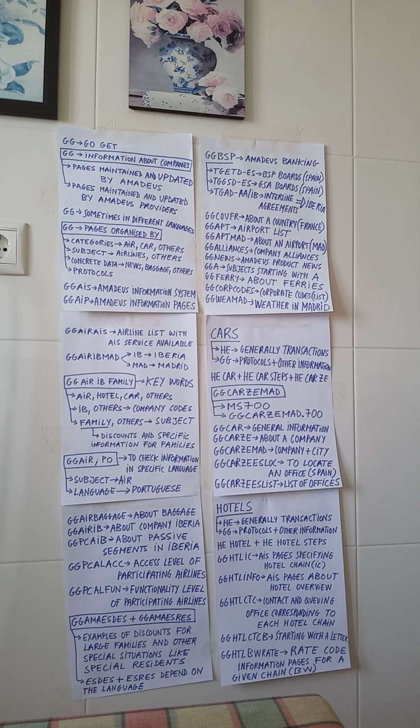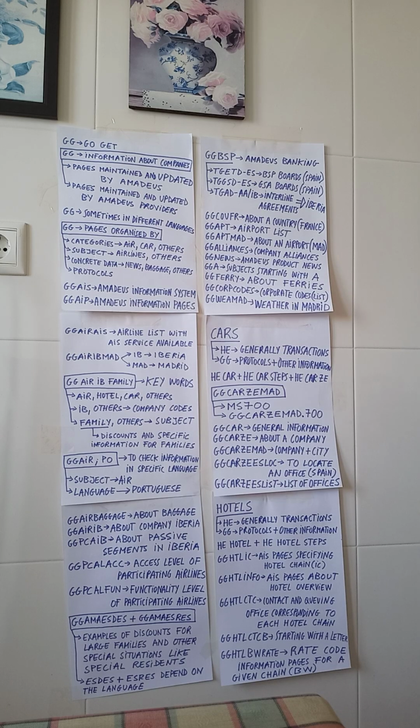Both the subject matter and the language can be modified. Next example, here. GG Air baggage has information on baggage in air transport. Next example, this one. GG Air IB has air information about the airline Iberia.